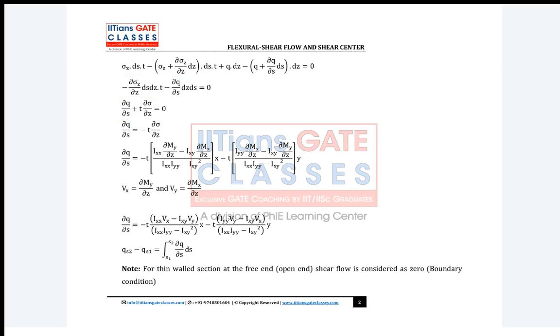Now what is the sigma, guys? This is sigma z. We already know sigma z, so when we substitute it in this equation, we find dou q by dou s, the rate of change of shear flow along the s direction, is given by minus t times that derivative. See, in sigma z, what is the variable quantity? In k1 x plus k2 y, what is the variable in k1 and k2? k1 is My Ixx minus Mx Ixy.